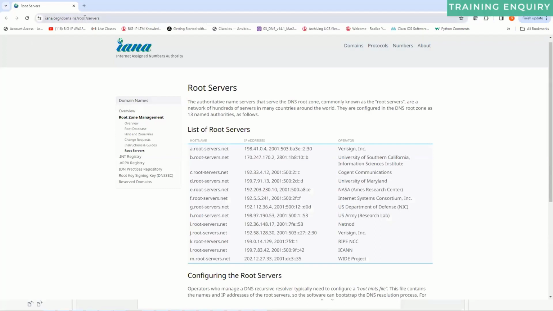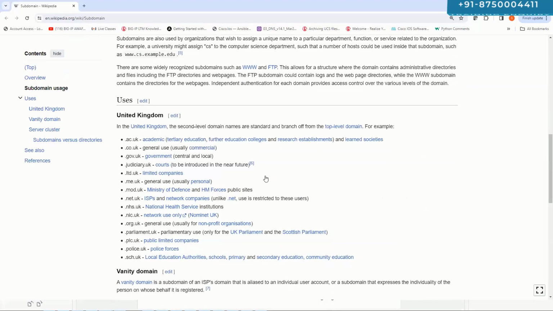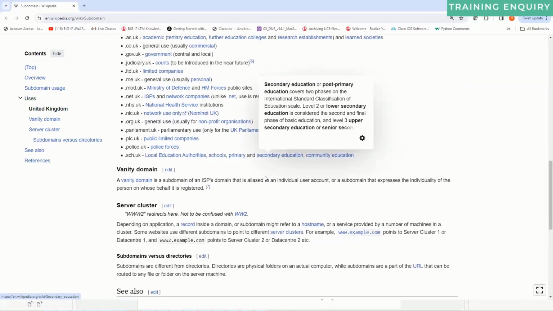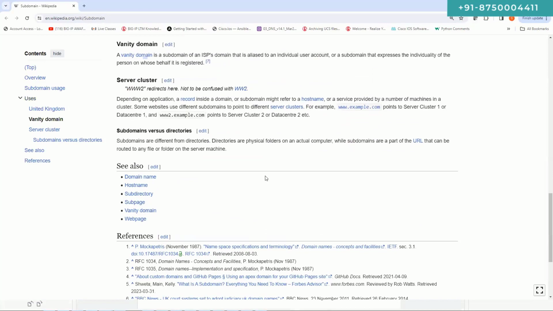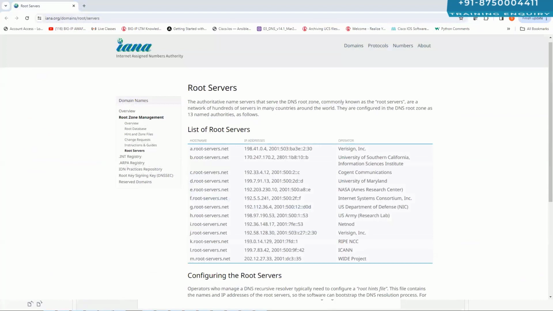let me just do one thing here. I'll give you one more link here for the subdomain. Not subdomain, I have to look for the top level domains. Sorry, I have to check the TLD servers list, top level domains.